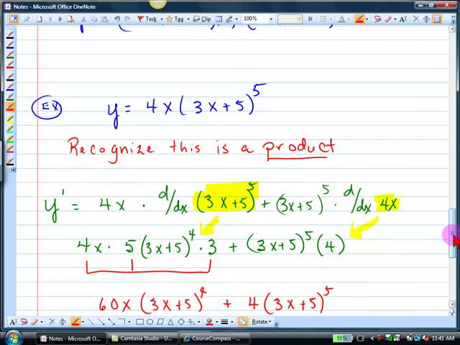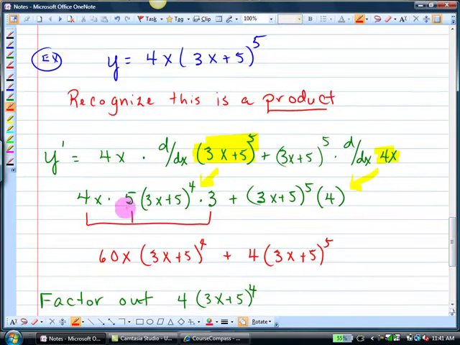All right, the next line, these things are outside the parentheses. So I could multiply all those together, 4x and 5 and 3. That became 60x times that plus 4 times that to the 5th. And if you think back to your algebra, what do you recognize in that?